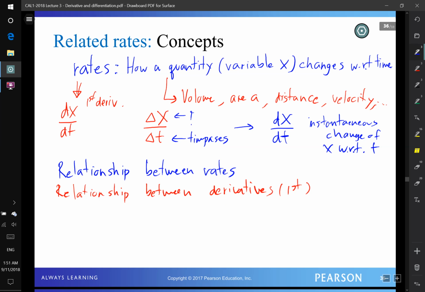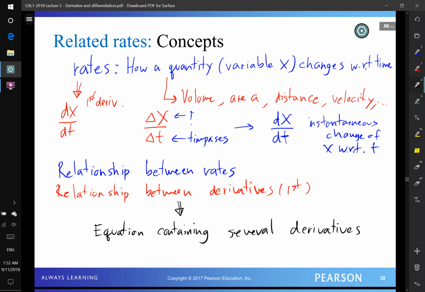And when it comes to math, relationships can be explained by using equations. So in the end of this, it's all about an equation containing several or many derivatives. That's it. That's the heart of related rates.